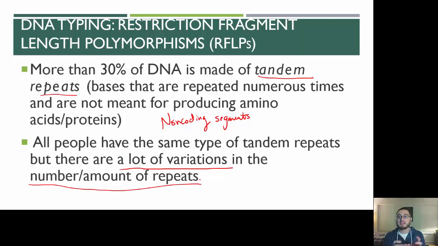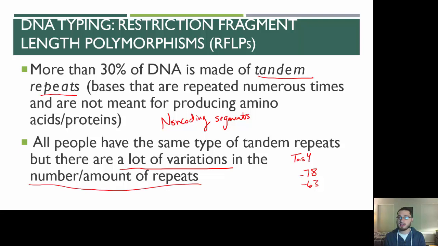Everyone has these same tandem repeats. For example, I'll make up a name: say I had a TAS4 repeat, and in me it repeats 78 times, but in someone else it repeats 63 times. That would be one way to compare them.